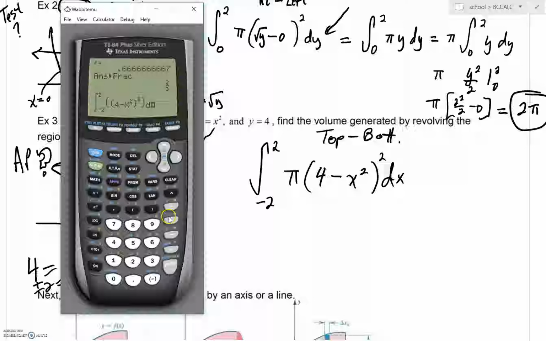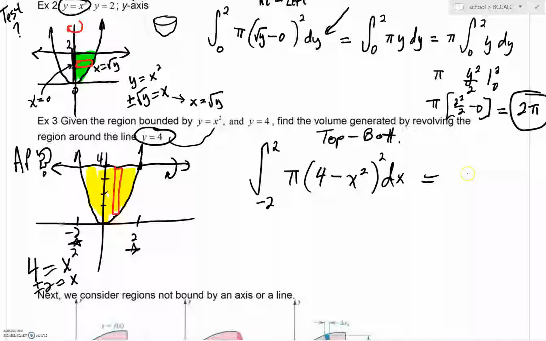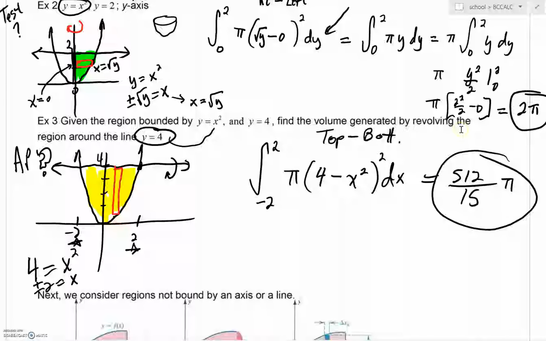It's really your radius, isn't it? And here's your dx. And as you work that out, 34.133, we can hit math frac. 512 over 15. But guess what? There's a pi in there. So that's what your volume would really be represented as.